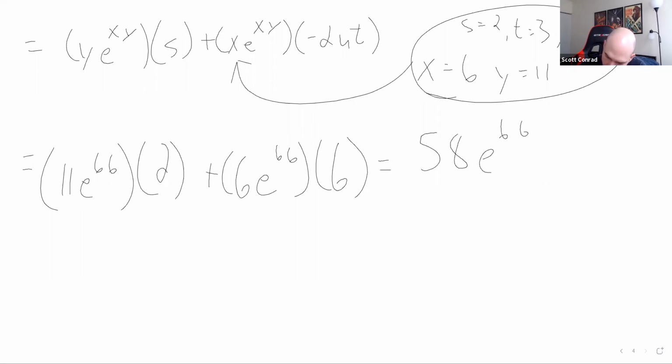We get 58e to the 66, which is a number. We want to end up with a number at the end. You should not have any variables anywhere in there. So remember always to write your intermediate variables as numbers by plugging in your s, t, and u, or whatever the independent variables are, into the formula. Does everyone understand that point? That's important.